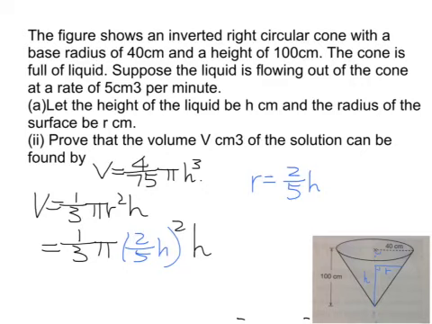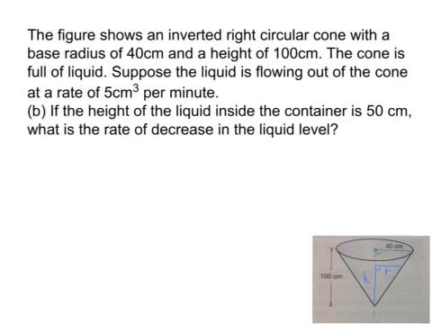And after you simplify everything, for sure you get V equals to 4 over 75 pi H cubed. Okay? So far these two parts are very simple. Okay, so now comes the crux of this problem.